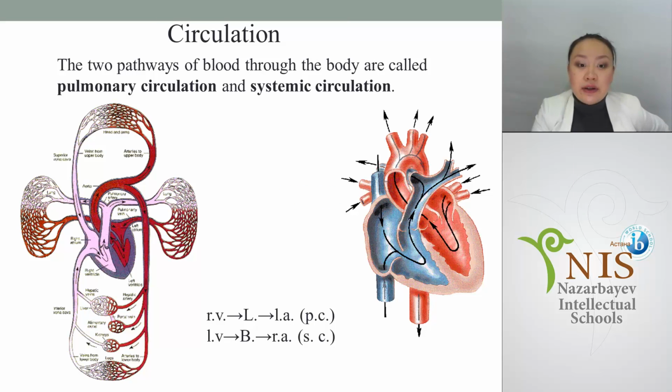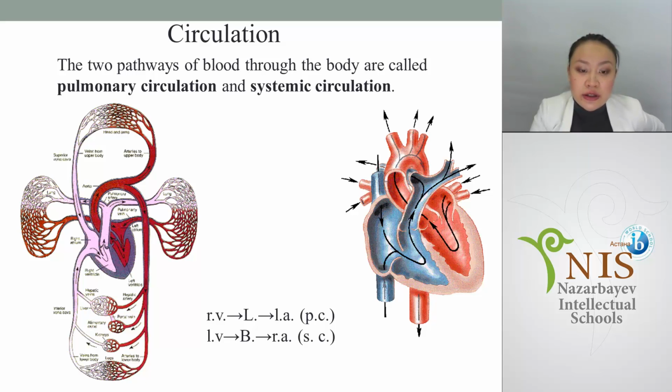Okay, now circulation. The two pathways of blood through the body are called pulmonary circulation and systemic circulation. Pulmonary circulation links with the lung. Systemic circulation links with the whole body.